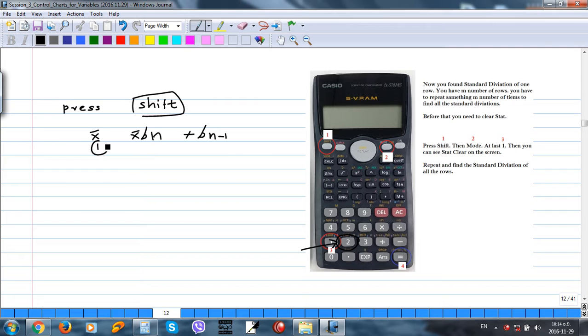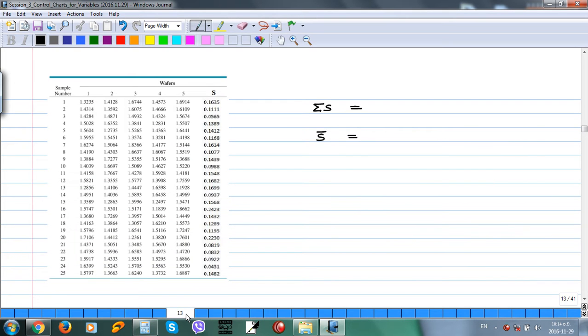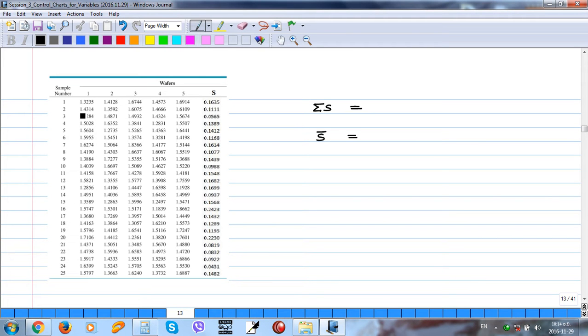This is 1, this is 2, this is 3. You need to choose this one, right? So press this one, and you can see the standard deviation on the screen. In this way you can find the standard deviation by using the calculator.